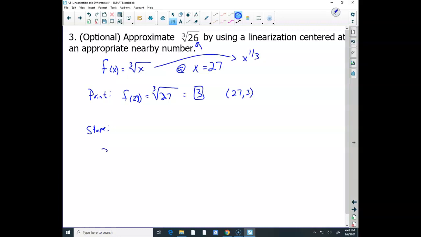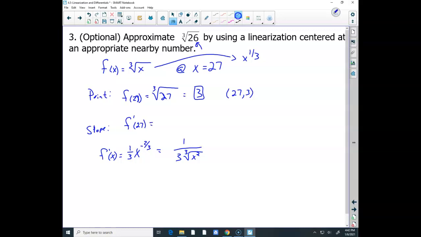So that means we need our f prime of x. That's just going to be 1/3 x to the negative 2/3, which is 1/3 over the cubed root of x squared, isn't it? So what's my slope? My slope is going to be f prime of 27, if I'm linearizing at x equals 27.